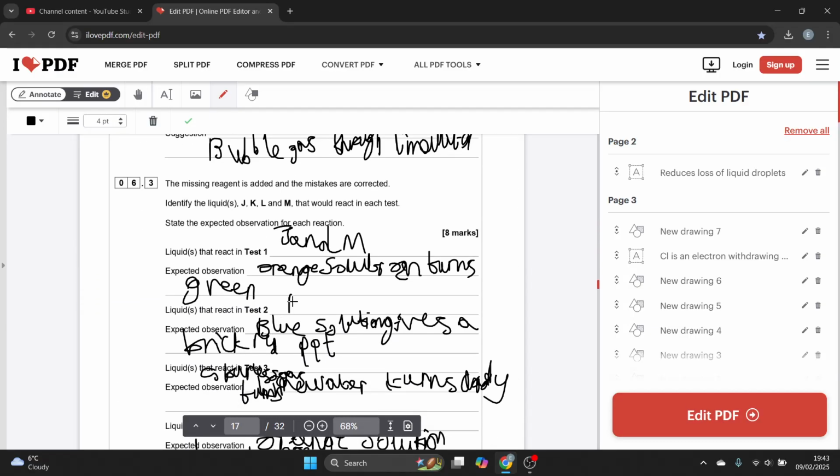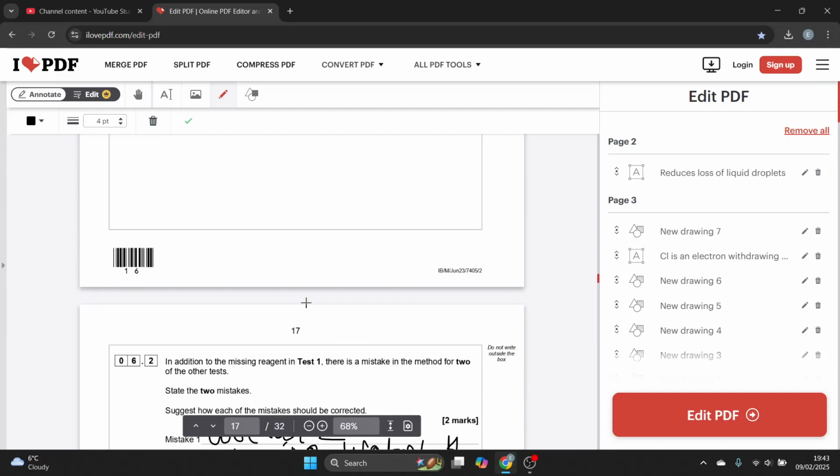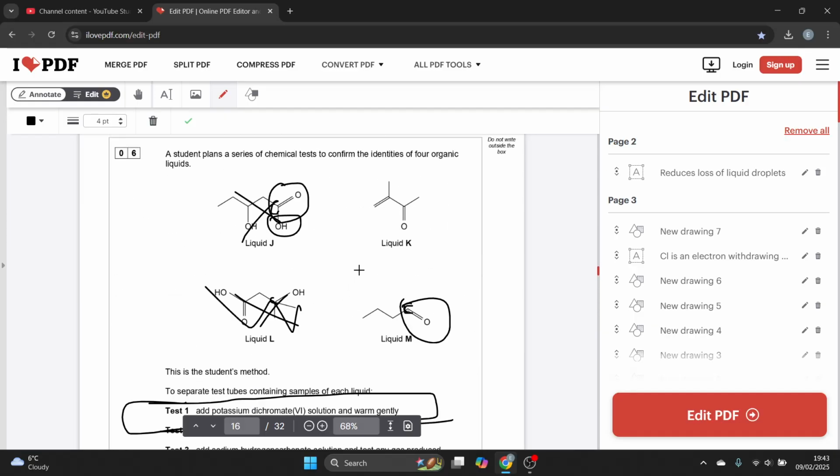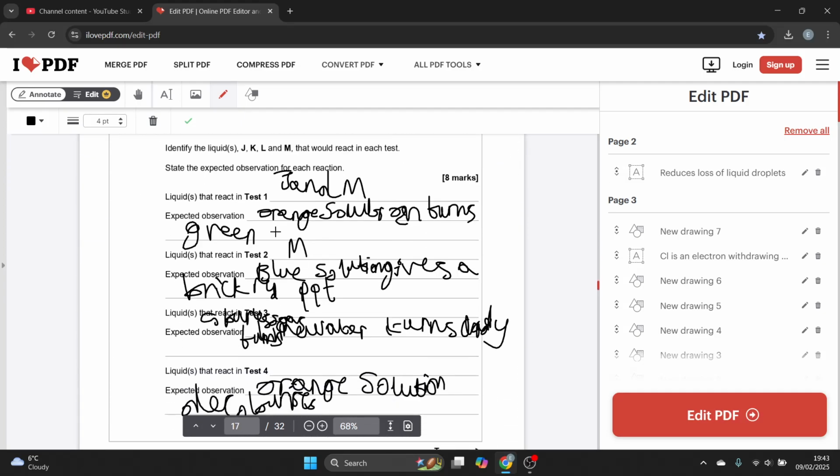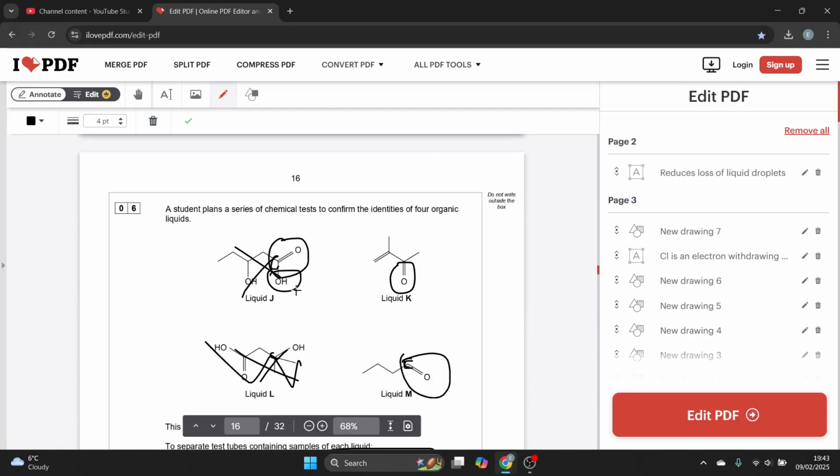I think I just confused ketones with aldehydes. Ketones have the functional group in the middle. Aldehydes have it at the end. That's why for the first part, when I was saying test 1 can't be J and M, I thought they were both ketones, but in reality they're aldehydes, because they both got a functional group at the end of the carbon chain. No, sorry, J is a carboxylic acid.